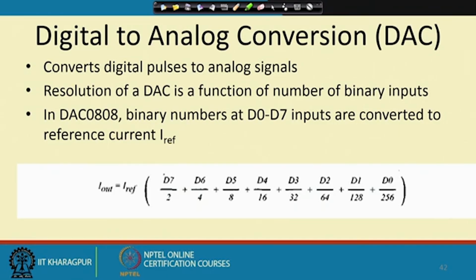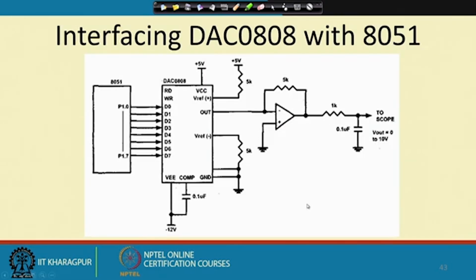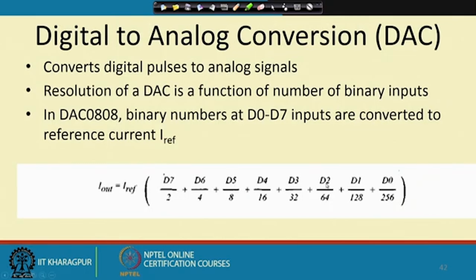Depending upon the setting of those bits D0 to D7, you will get different currents. If all these bits are equal to 1, you get a current close to I-ref, that is 255 upon 256 of I-ref.